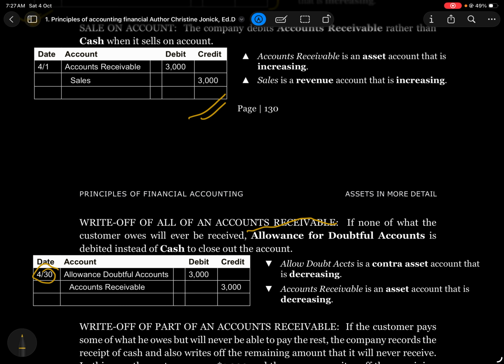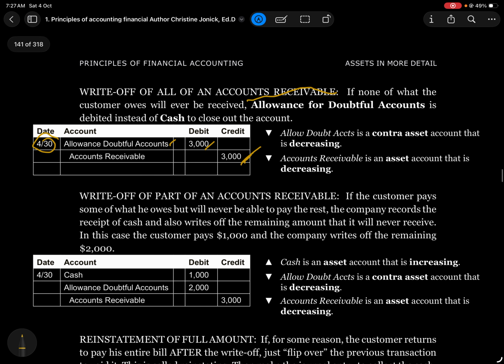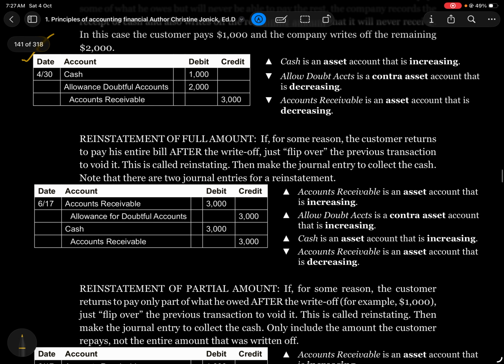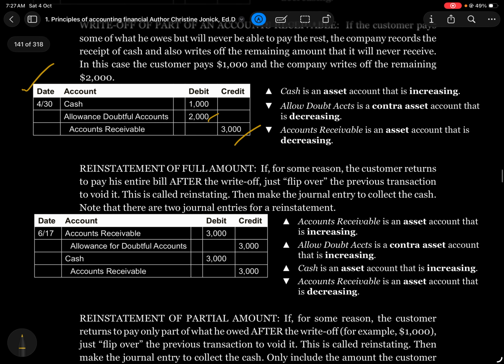In that scenario, it would debit the allowance account and credit the accounts receivable. Suppose the customer paid some of the money, it would debit cash, debit doubtful debt for the remaining amount, and credit accounts receivable.